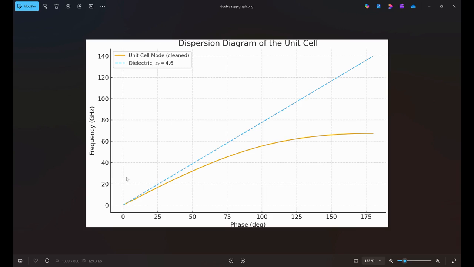This is the dispersion diagram after further processing in Python, and you can see that now it's clean. There are no outliers, so this represents your SSPP dispersion.